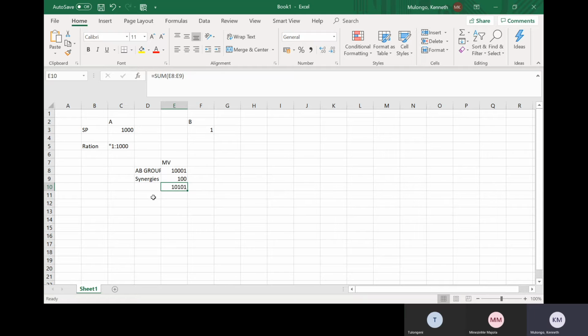1,101. But who's responsible for all those synergies? The market value of the new AB group will be 1,101, but the group that's more responsible is actually company B. B is more responsible for the synergies, so we add that 100 to company B. So now company B has a new market value, 101.